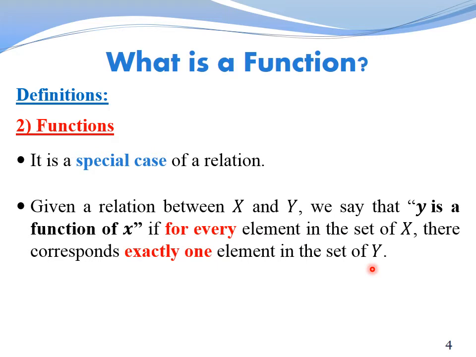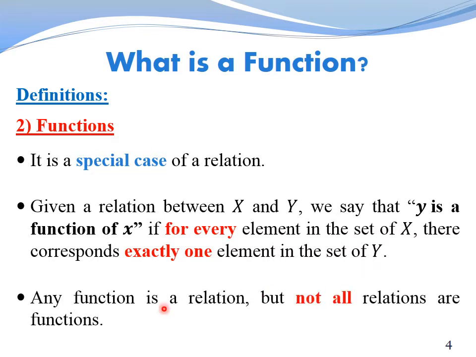That is, each input element, each x, corresponds to only one y. If your x, the input value, corresponds to more than one output value, this means that this is not a function, it's only a relation.